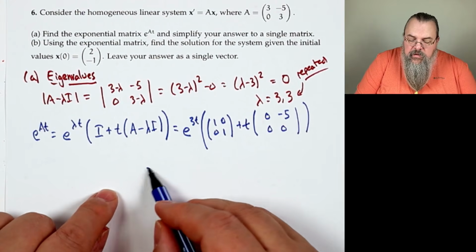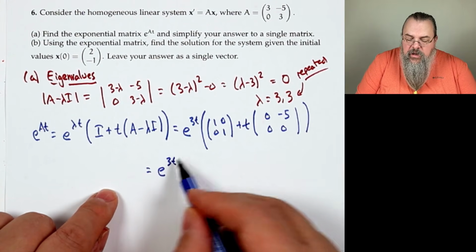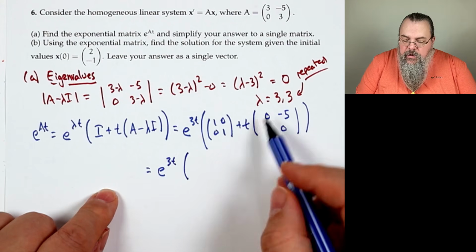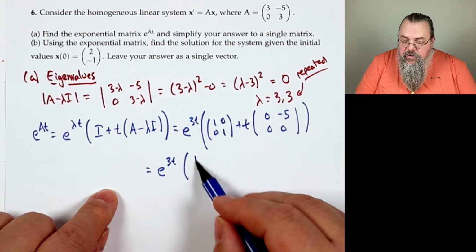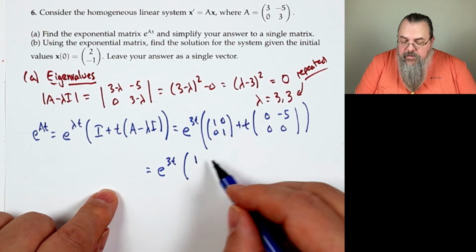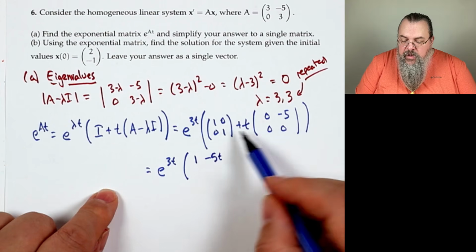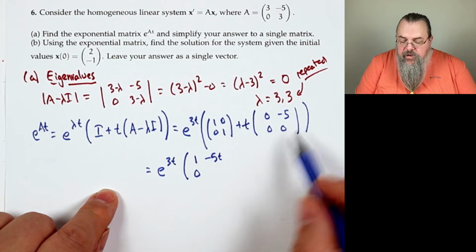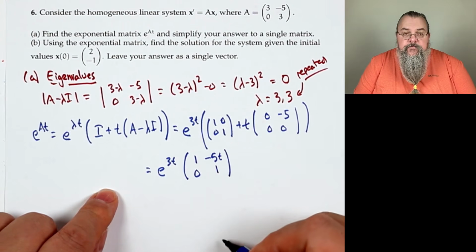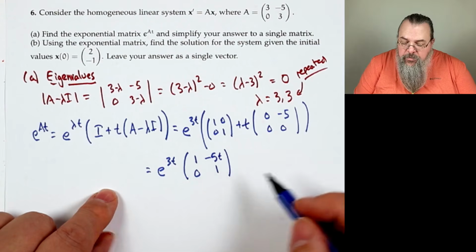Okay, so that's e to the 3t, and now we add these together. You're going to get 1 plus 0, 0 minus 5t, 0 plus 0, and 1 plus 0. Now, that is a single matrix.